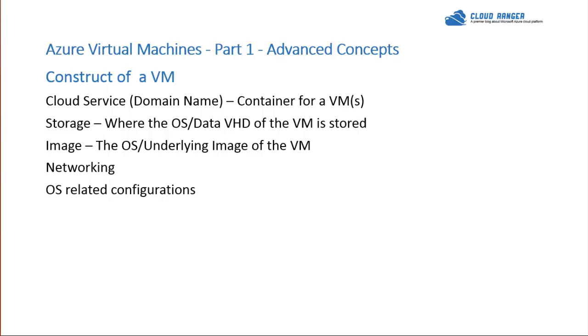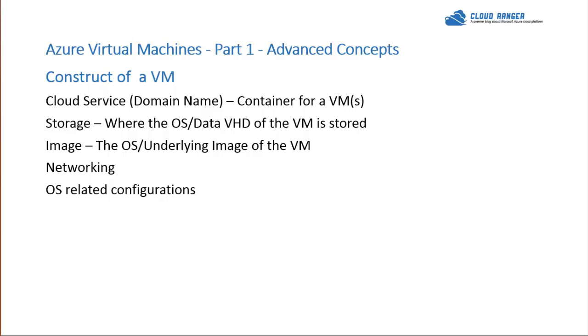I know for some weird reason they won't do VHDX yet, but they are only currently supporting VHD. And I'll tell you why this matters to you in the next couple of slides, or even in this slide, I'll mention a little bit about why it's important. But yes, almost anything you can do on an on-premises Hyper-V can be done on Microsoft Azure. So let's talk about a little construct here.